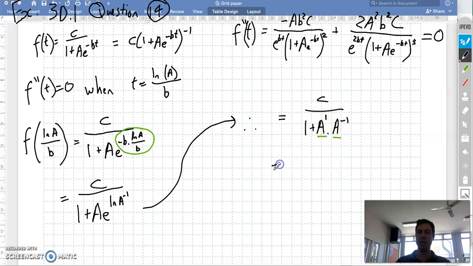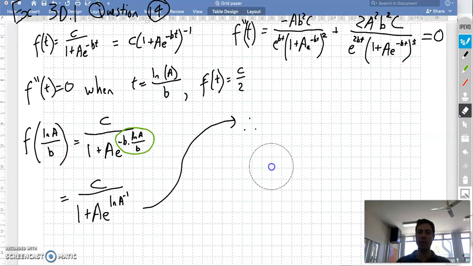This whole thing will just become 1. Because we'll have A to the power of 0, and anything to the power of 0 equals 1. So there's my y component. Right? So when t equals log A over B, f of t equals c on 2. Now just to finish off, let's put all this information on a graph.